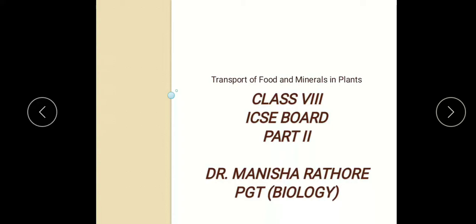Now today we will study the next part of the chapter, transport of food and minerals in the plant. In the first part you have studied various facts like the tissues required for the transport of water, minerals and food, xylem and phloem, their structure, as well as the processes by which water, minerals and food are transported to the different parts of the plant: diffusion, osmosis, active transport, and structure of root hair.